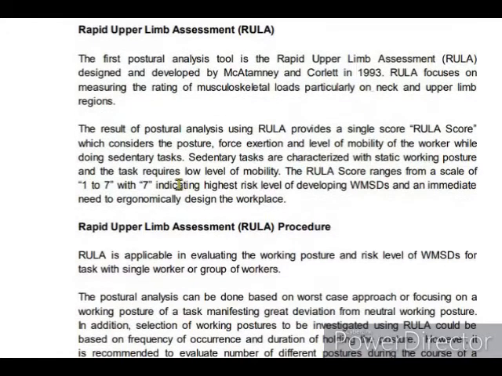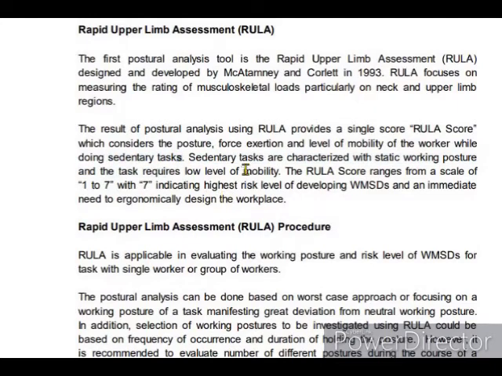Okay? So, the result of postural analysis using RULA provides a single score, tinatawag na RULA score, which considers the posture, force exertion, and level of mobility of the worker while doing the sedentary task. Okay? So, yun yung mga nilalaman nung score na yun, yung mga sinabi. Okay? Pag sinabing sedentary task, sabihin nun yung nakaupo siya. Okay?